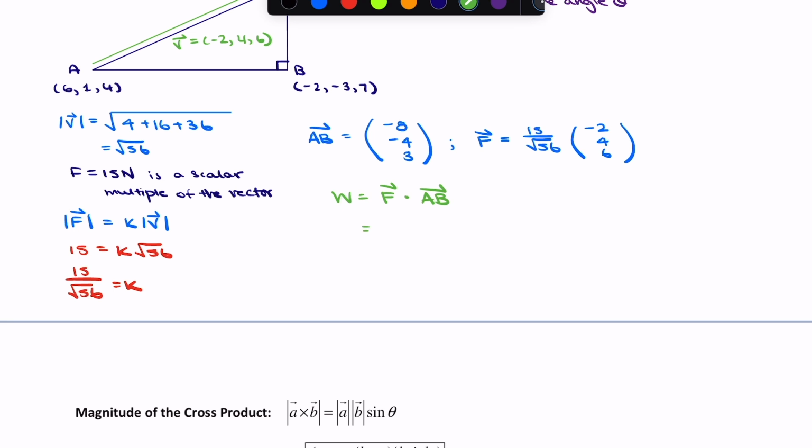Okay, so we have 15 over square root 56 times -8 times -2 plus -4 times 4 plus 3 times 6.